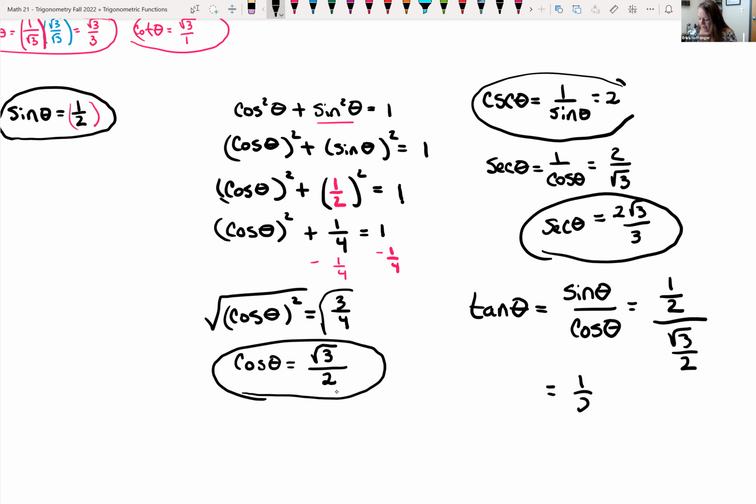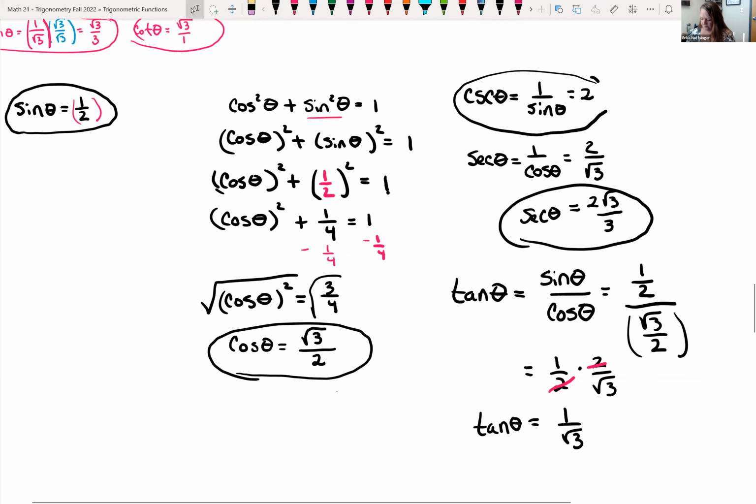So we have 1/2 times the reciprocal fraction in the denominator, which is 2 over root 3. Things cancel. We get 1 over root 3. Rationalizing that denominator, we would get root 3 over 3.